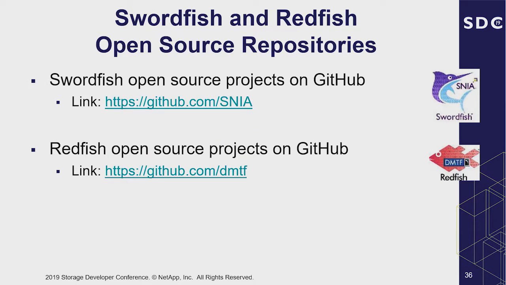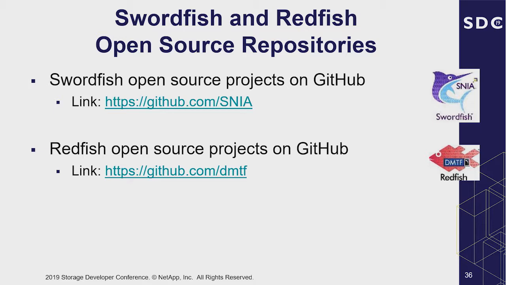The repos, pretty straightforward. It's github.com and SNIA in one case, DMTF in the other. You will find a wealth of open source tools on the DMTF site. I'm talking about Swordfish today, but in fact there are several projects here that I look at because they've either already done something I needed to do or they've done something like what I need to do.